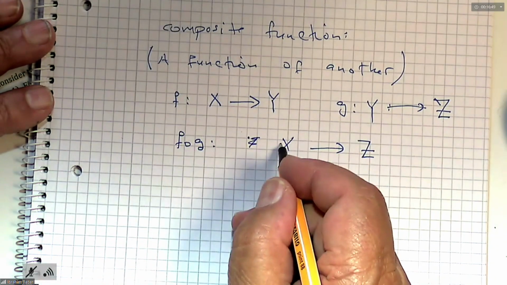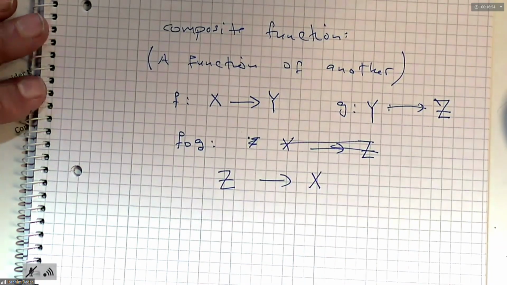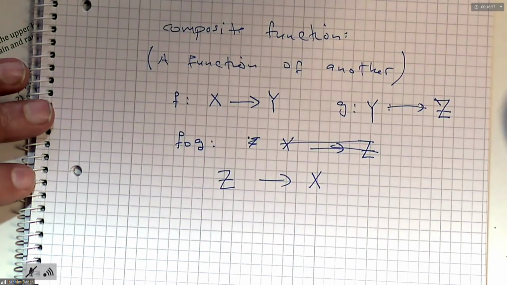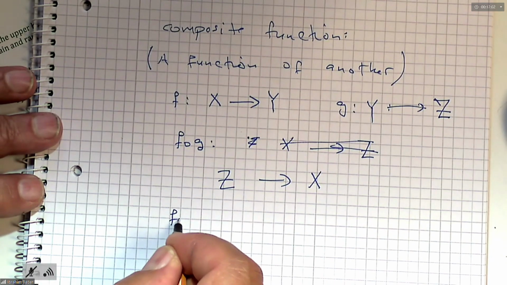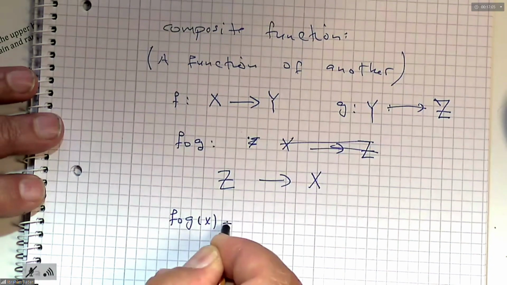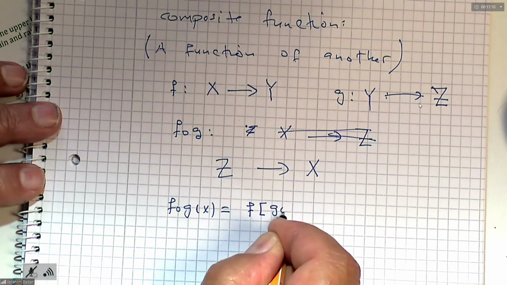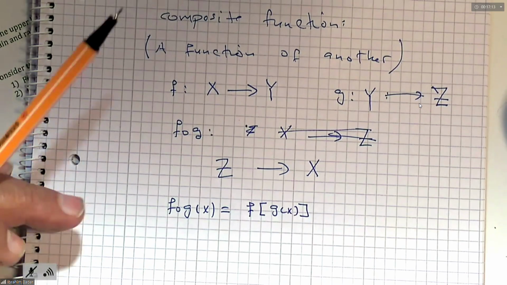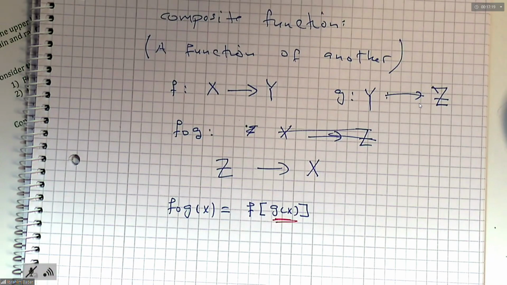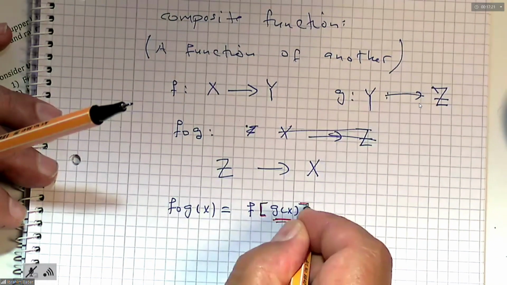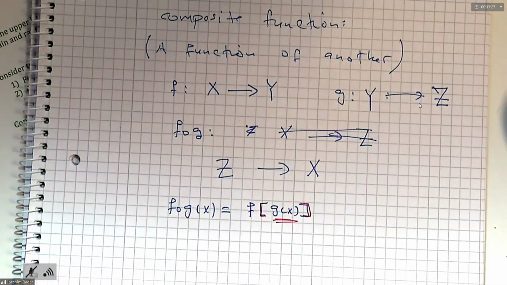Now, evaluating f composite g of x is just like plugging in f of g of x. So all you need to do is plug this value into the formula of f. Instead of evaluating f of x, you evaluate f of g of x.